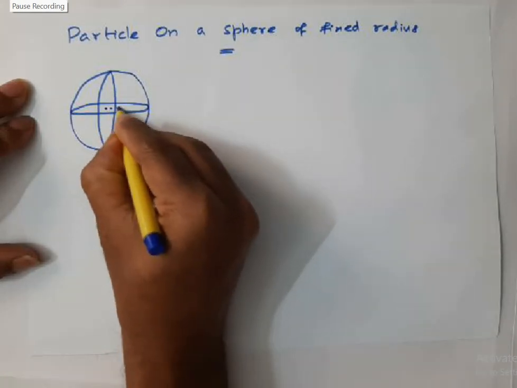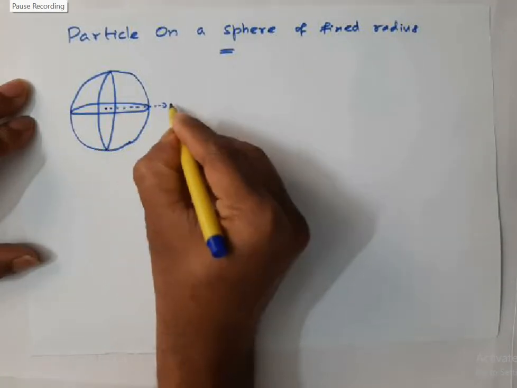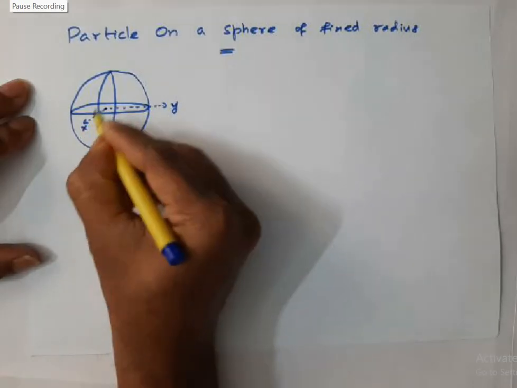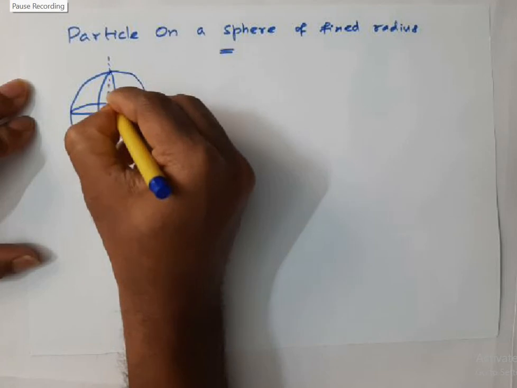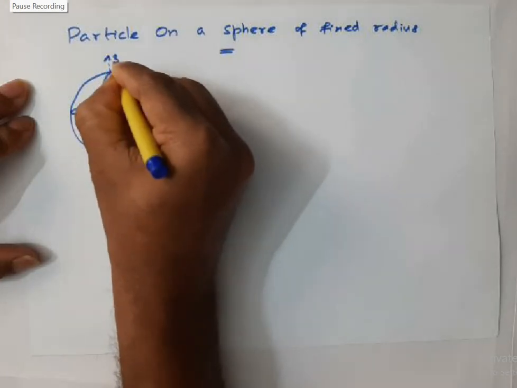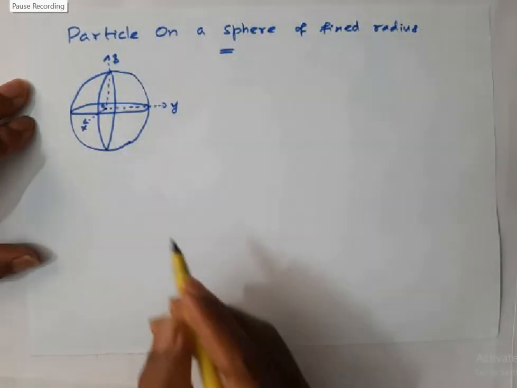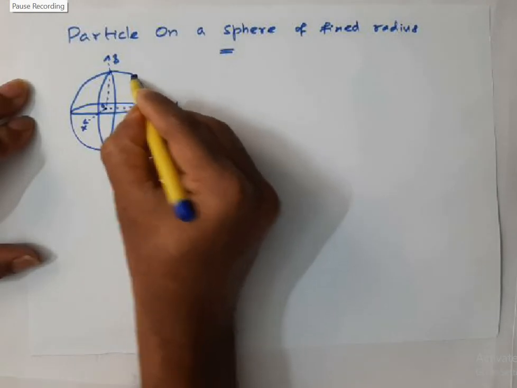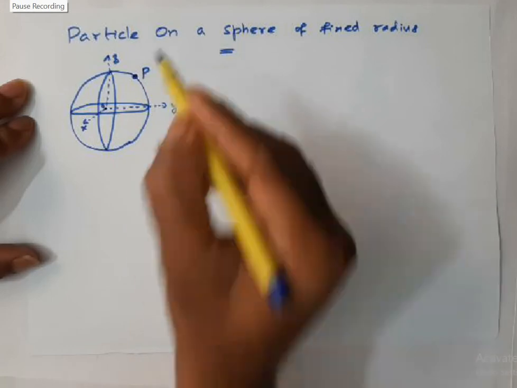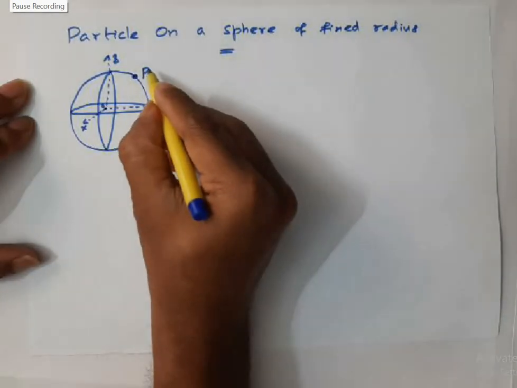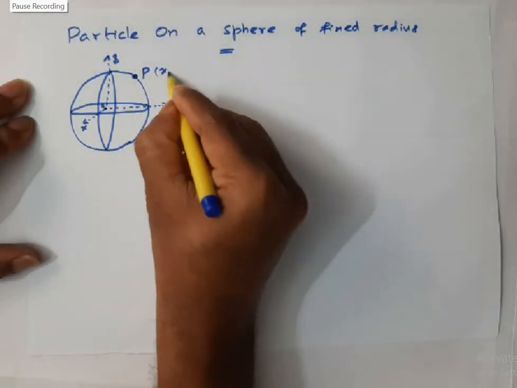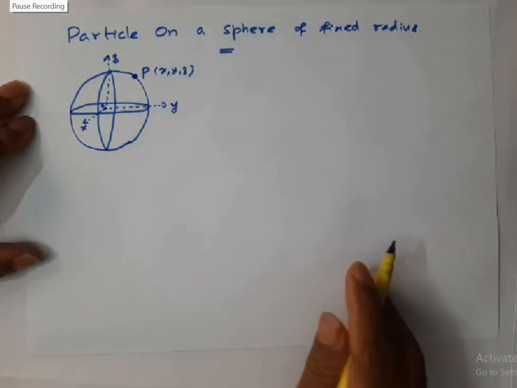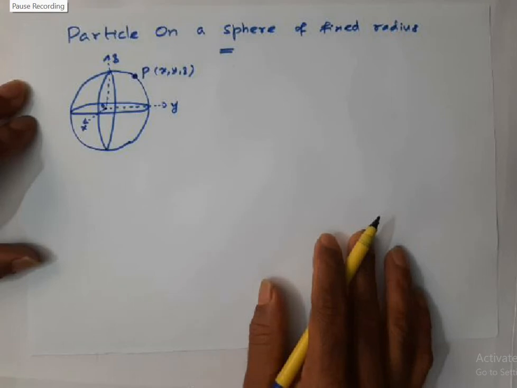Let us take this axis as the y-axis, this as the x-axis, and this axis as the z-axis. Assume that the particle is present here, and in Cartesian coordinate space, we can represent the particle by the Cartesian coordinates x, y, z.